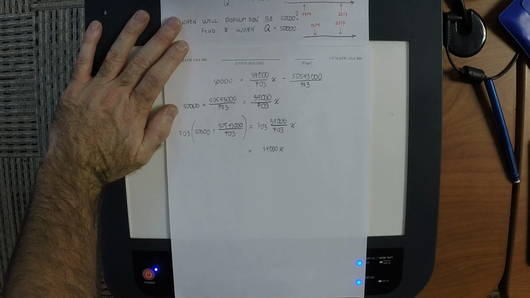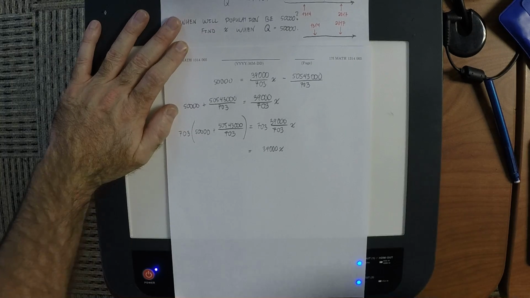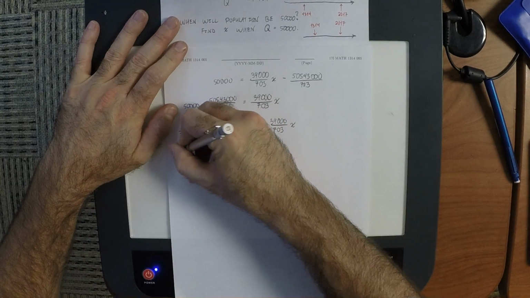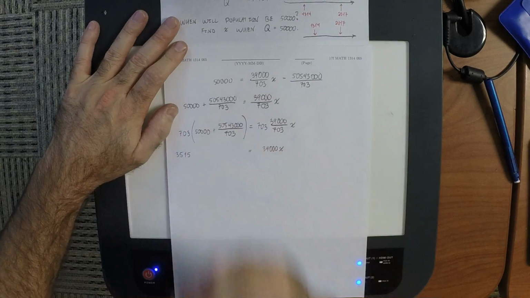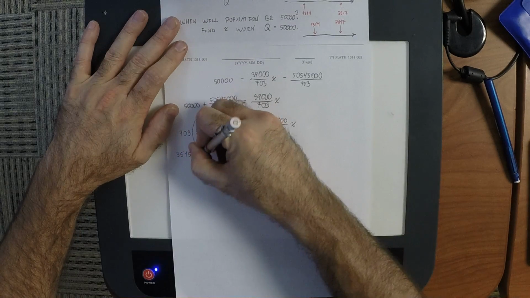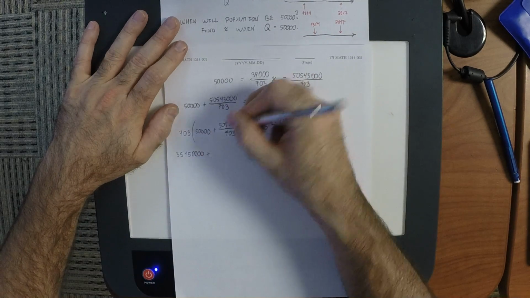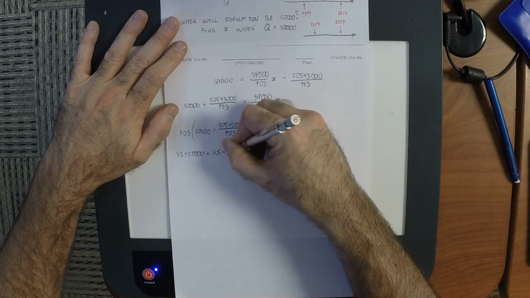Okay, so 703 times 50,000 is 3,515 with 4 zeros, and then plus 50543 with 3 zeros.